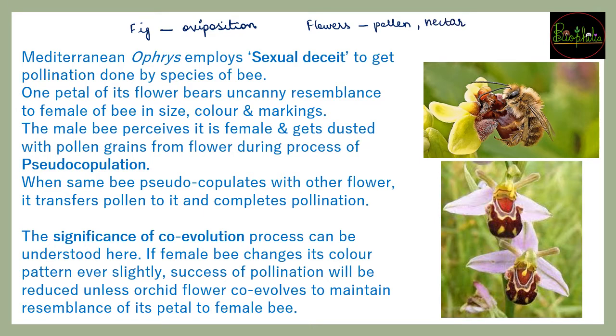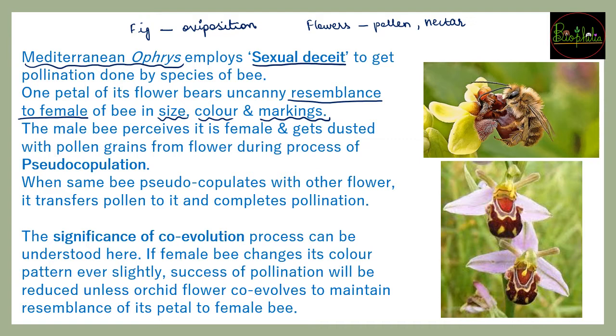But in the case of orchids, the plant is going to give the sexual dialect. This means there is a type of orchid, a Mediterranean orchid, which gives the sexual dialect. That is, it changes one petal of its flower so that it starts to resemble the female of the bee, so similar in size, in color and even in markings that the male bee will get confused.